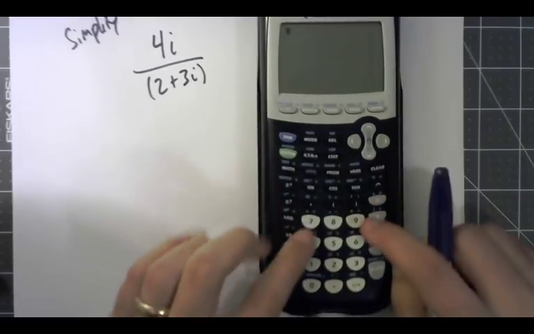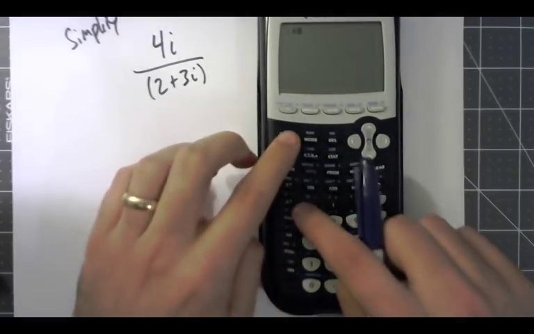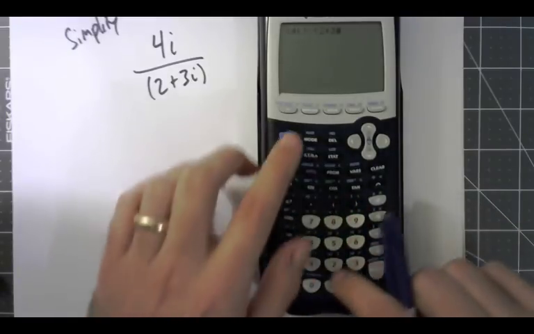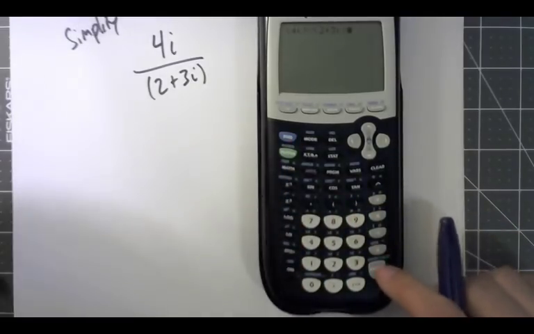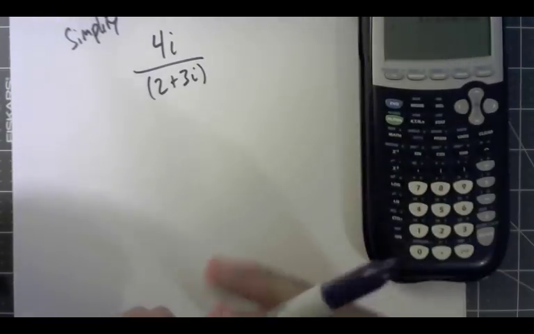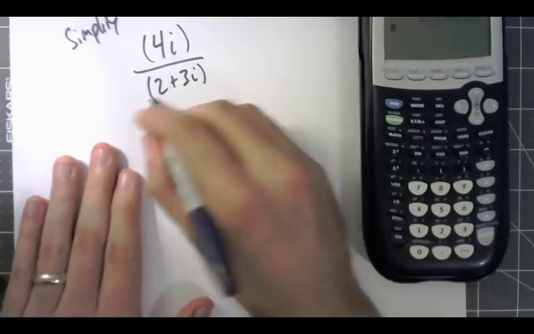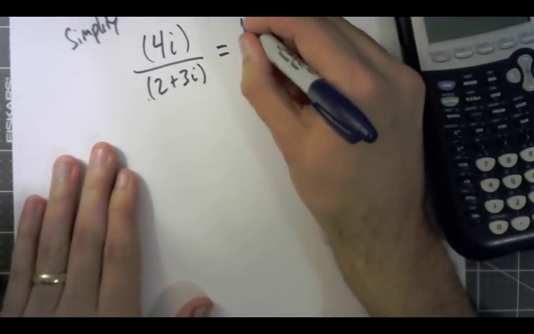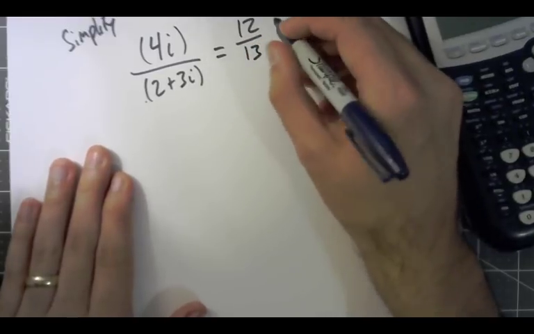So we'll come in our calculator, go parentheses 4i divided by parentheses 2 plus 3i. Easy as that. Then we'll do math frac. If we don't do parentheses here and here, we're going to get a different answer. Make sure you know how to turn this into a fraction in your calculator.